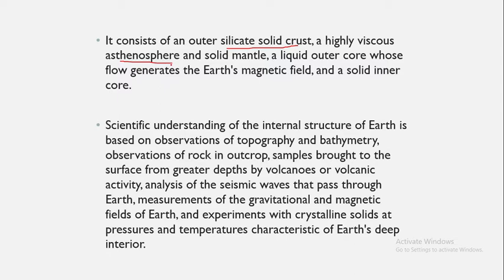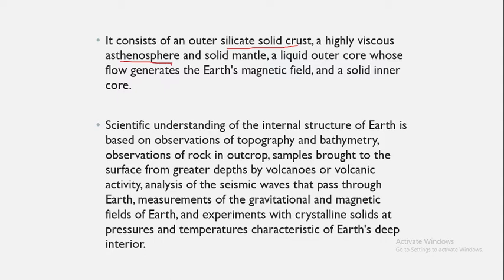Scientific understanding of the internal structure of Earth is based on observations. Then how can we scientifically say that the inner structure is like this? How are we inferring or supposed to know about this? It is based on various experiments and observations of what all things. First is topography. What all the topographic features are there?